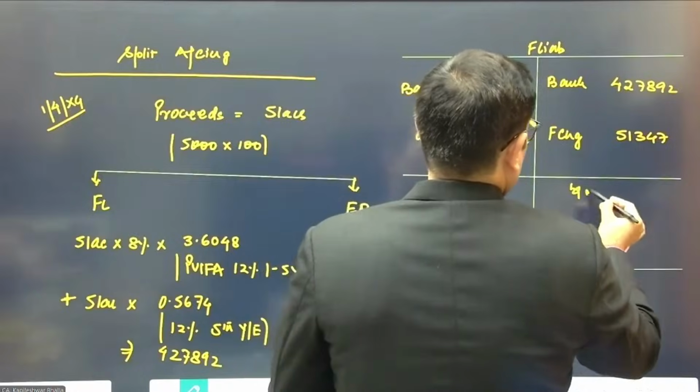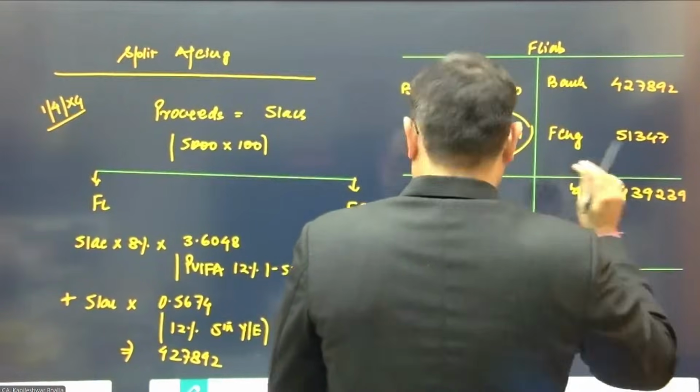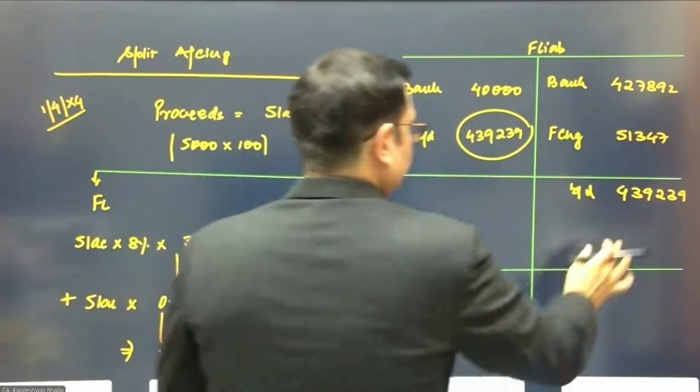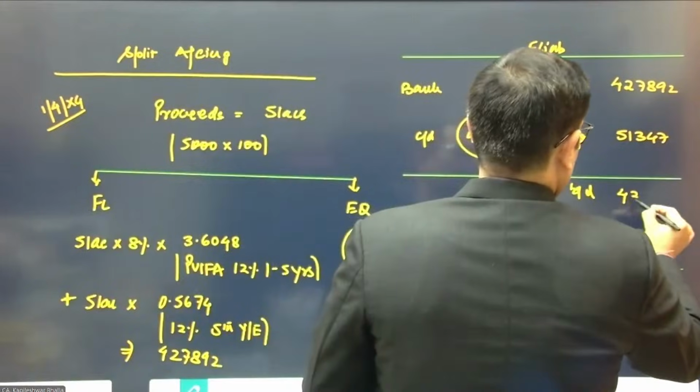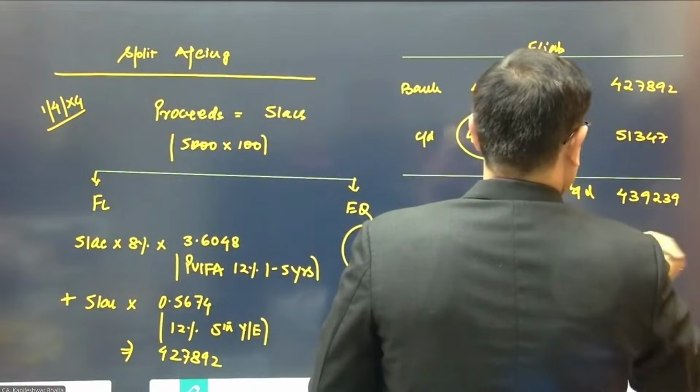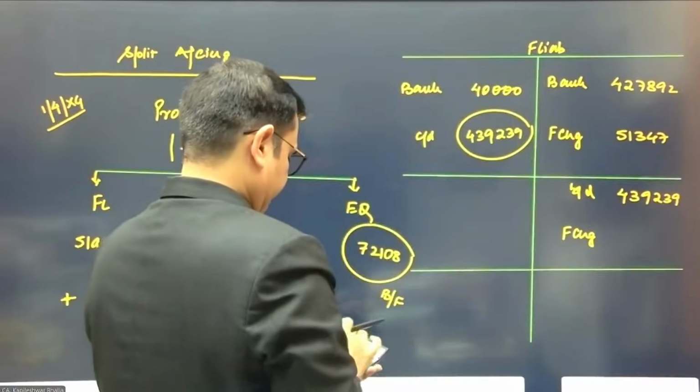This becomes balance BD, 439,239. Let's take the interest: on 439,239, the finance charge at the rate of 12%.